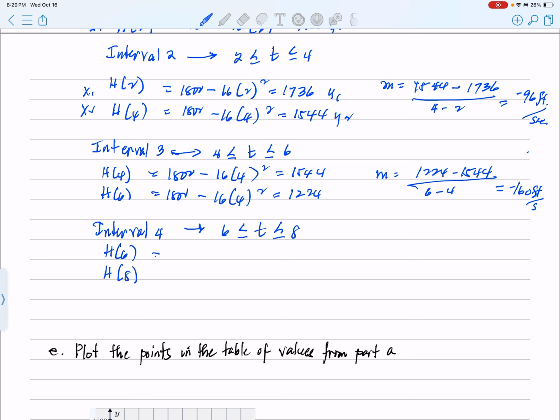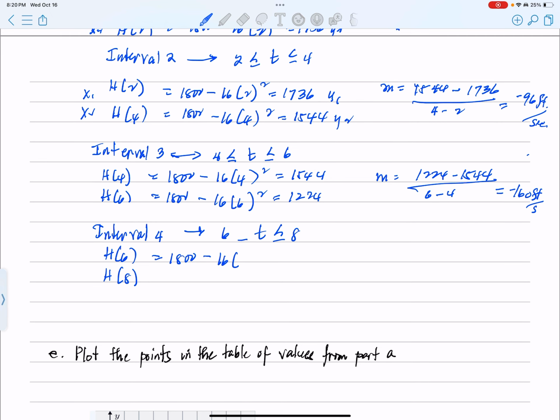So you have 1800 minus 16 times, oops, I think I made a mistake here. This is 6 squared. Anyway, the computation is correct, which equals 1224.